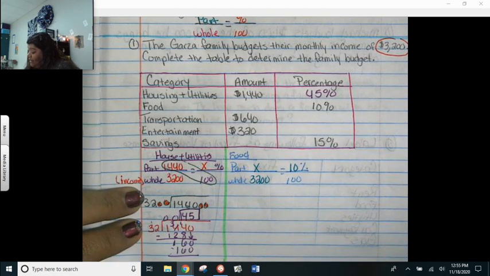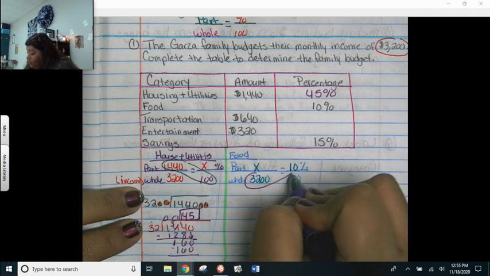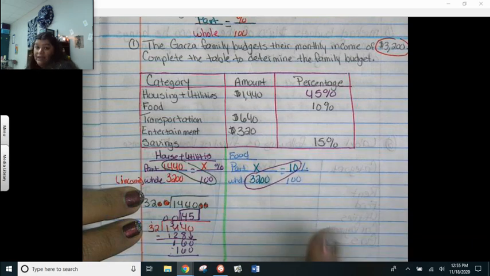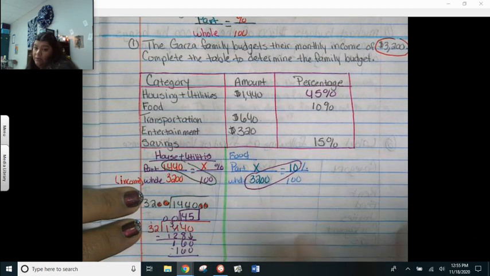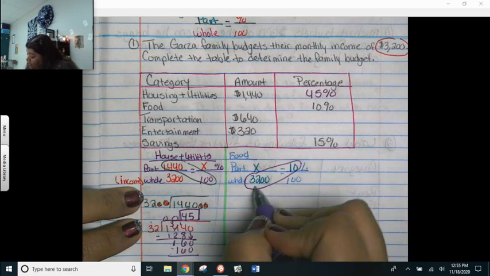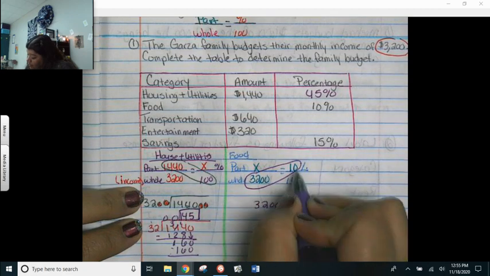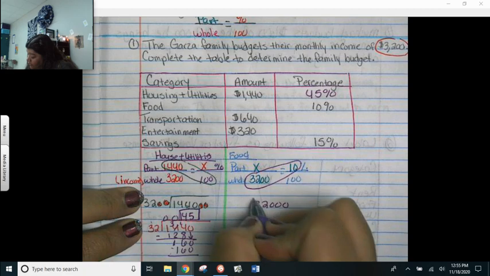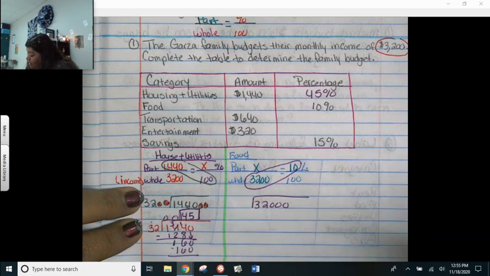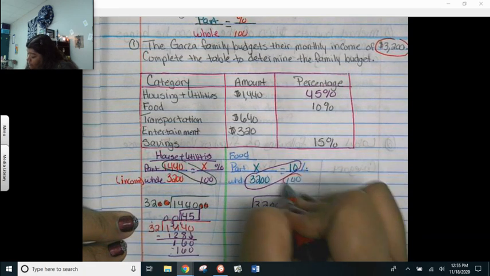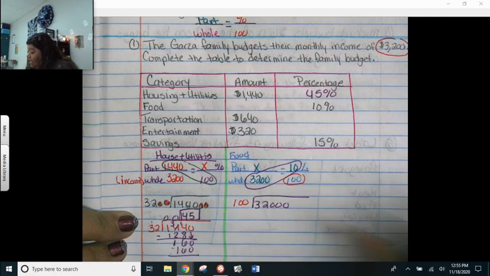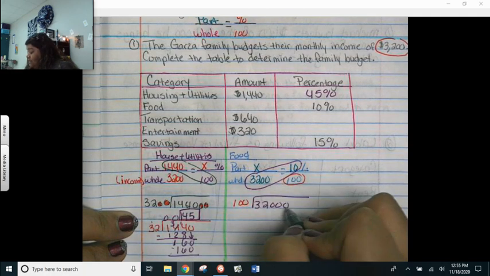Now, like I said before, you can go ahead and simplify if you want to. If not, you're going to get the same answer. You're just going to be dealing with bigger numbers. So 3,200 times 10 is 3,200 plus a 0, divided by the number we have left over, so divided by 100. I'm going to use that shortcut because I see zeros everywhere.